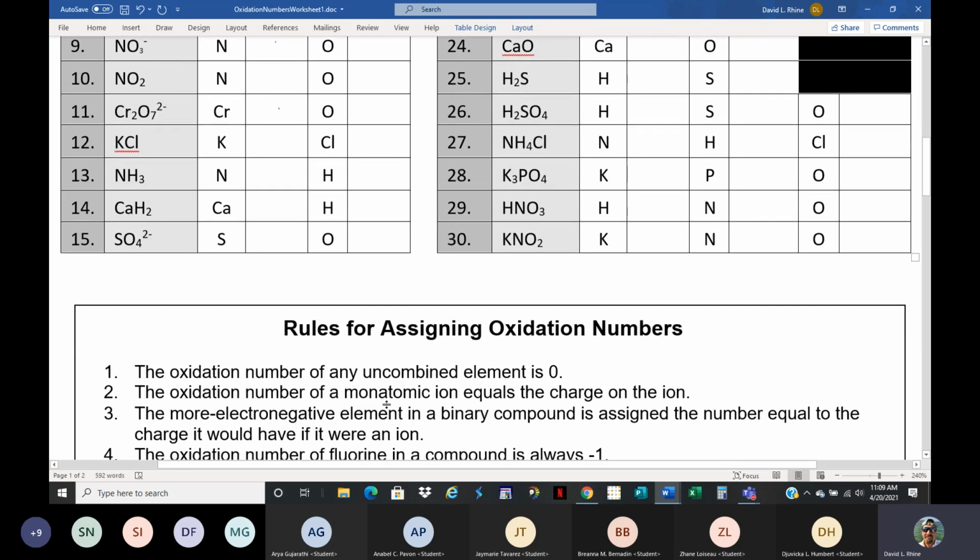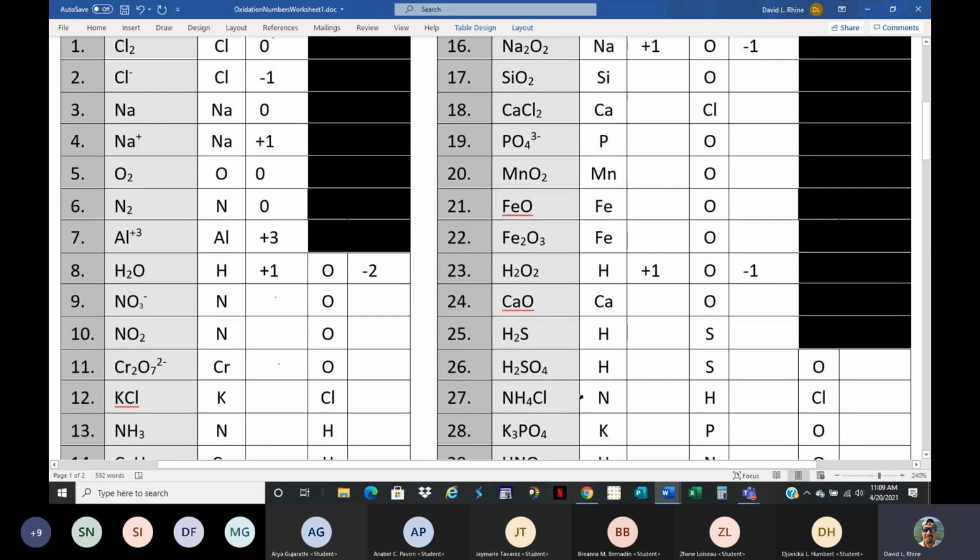Rule 2, the oxidation number of a monatomic ion is equal to the charge on the ion. So this is a chloride ion. It has a charge of -1. So that's its oxidation number. Sodium has a charge of +1 when it's a sodium ion. So it's +1. Aluminum ion is a +3.